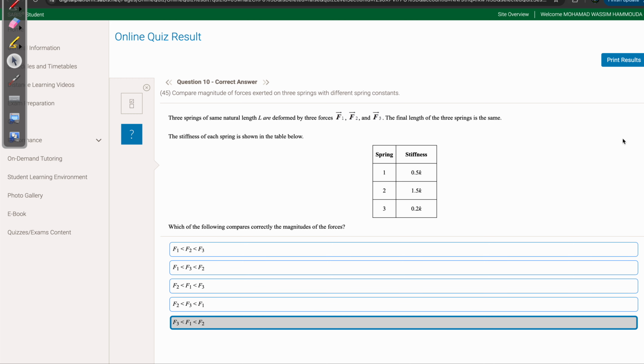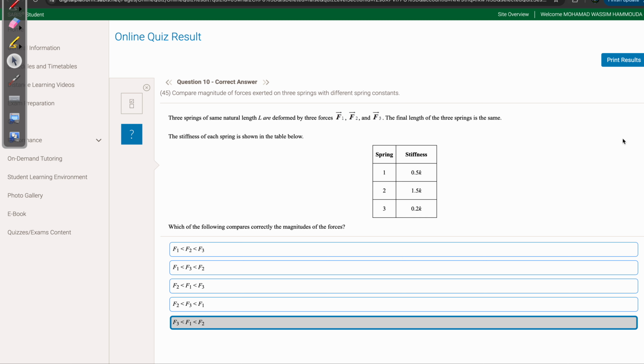3 springs of the same natural length L are deformed by three forces, F1, F2, and F3. The final length of the springs is this. Okay, this one I have an easy way to do it.